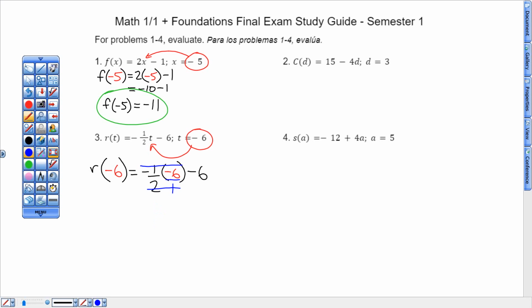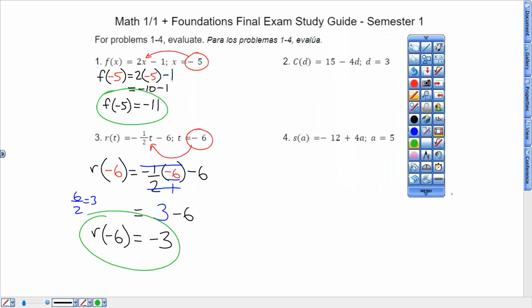Another way of writing +6 over +2 is that this turns into 3 right here. So again, multiplying straight across gives me 6 over 2 positive, and that reduces to 3. So that becomes +3 minus 6. When I plug in -6 for t, r of t gives me -3. If I could circle that.